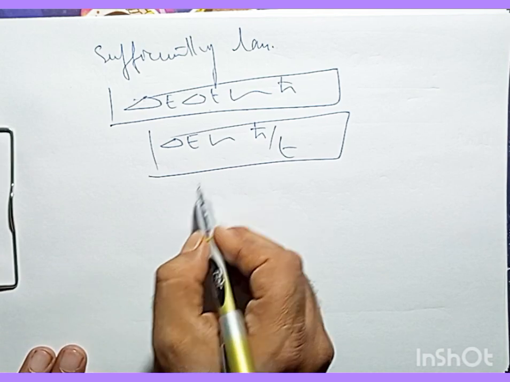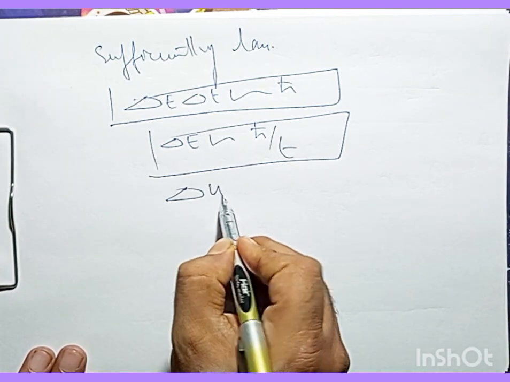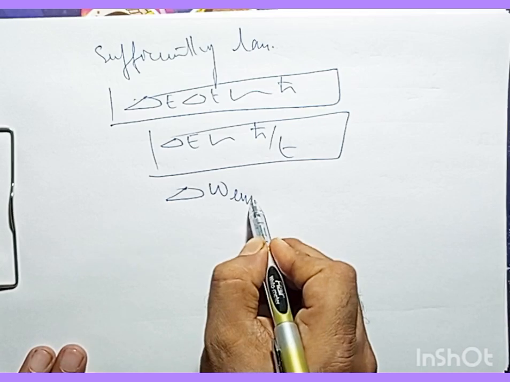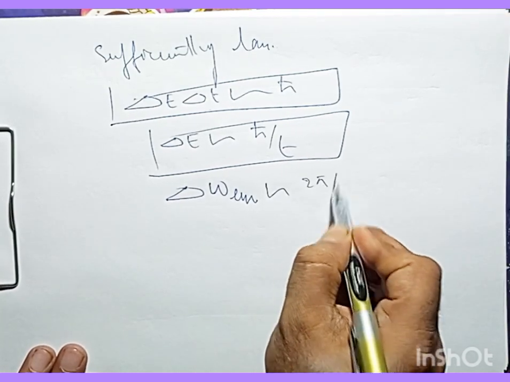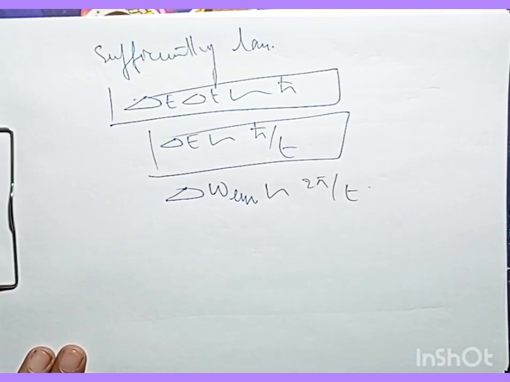Or we can think of this delta omega_lm as of the order of 2 pi by t. And we can see here this is precisely the period of the oscillatory function.